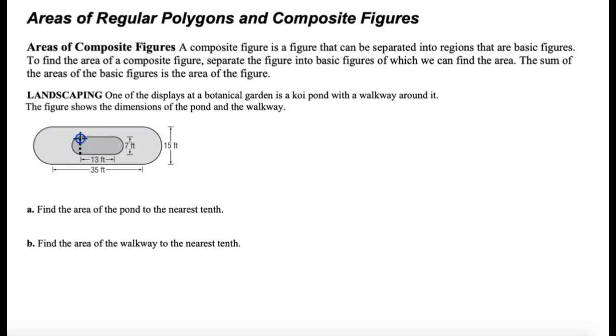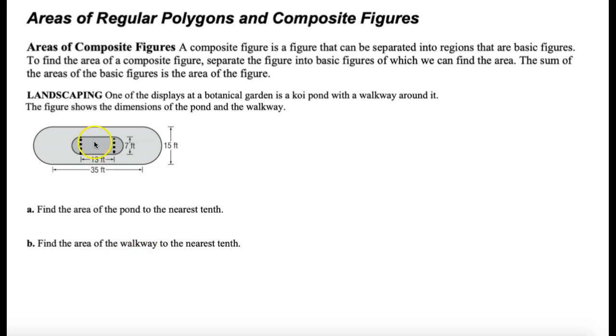So what we end up with here for this koi pond, we've got a rectangle in the middle, and then two semicircles on either side. So what we can do is find the area of a rectangle and the area of a circle. If we have two half circles, that's just going to be the area of one whole circle.